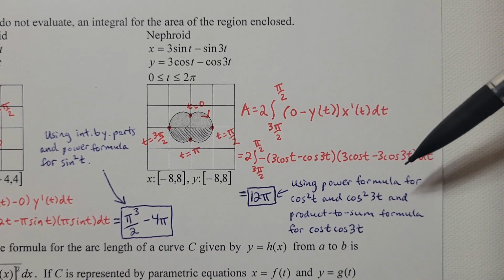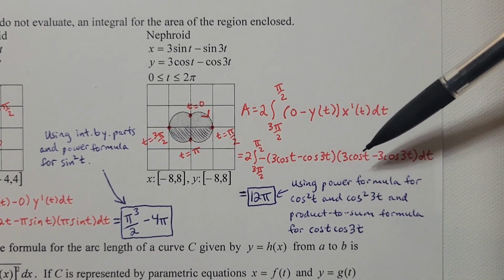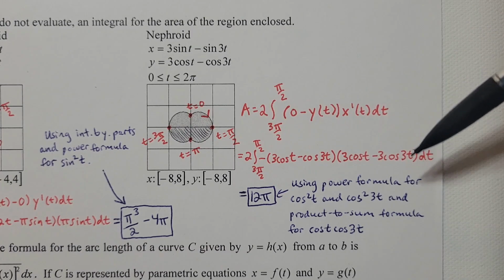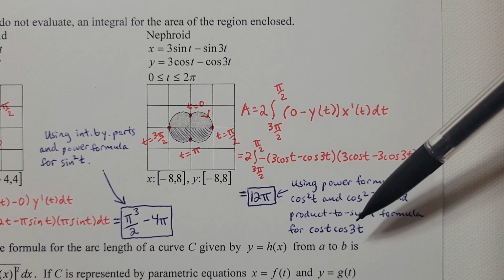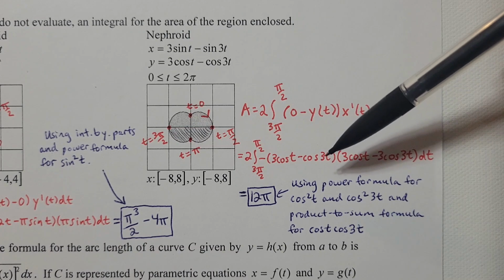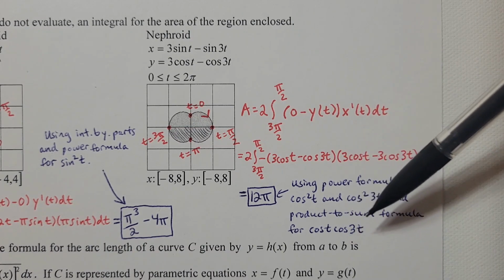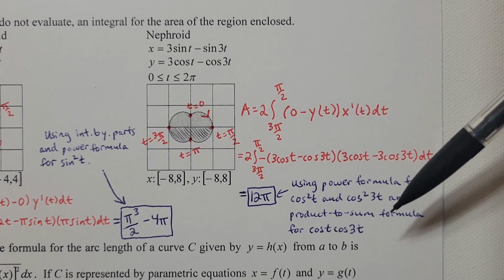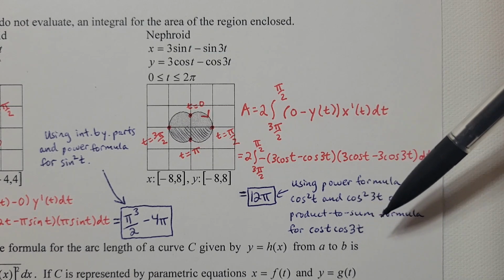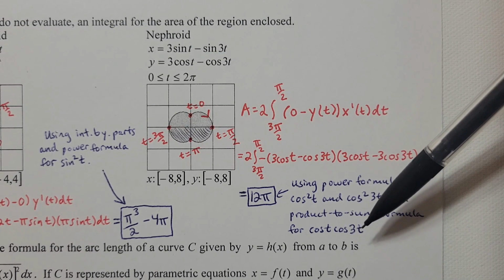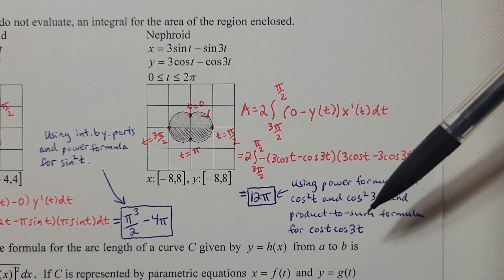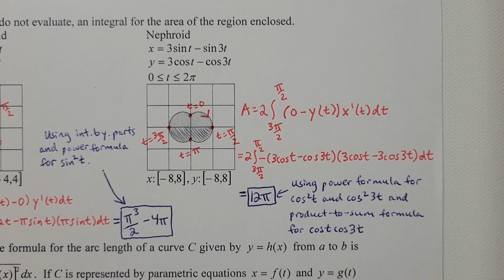I would need the power reducing formula for cosine squared t and cosine squared 3t, and I would also need a product to sum formula. We saw those back in section 7.2, because in the middle you'd have a cosine t, cosine 3t term, and you'd want all the angles to be matching. So you'd use the product to sum formula to get rid of the multiplication there. Anyway, if I were to do that, my answer would be 12 pi.